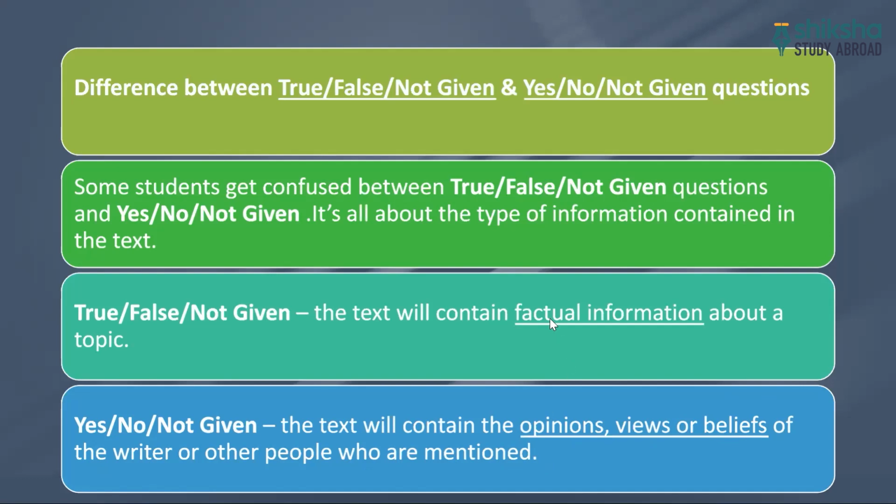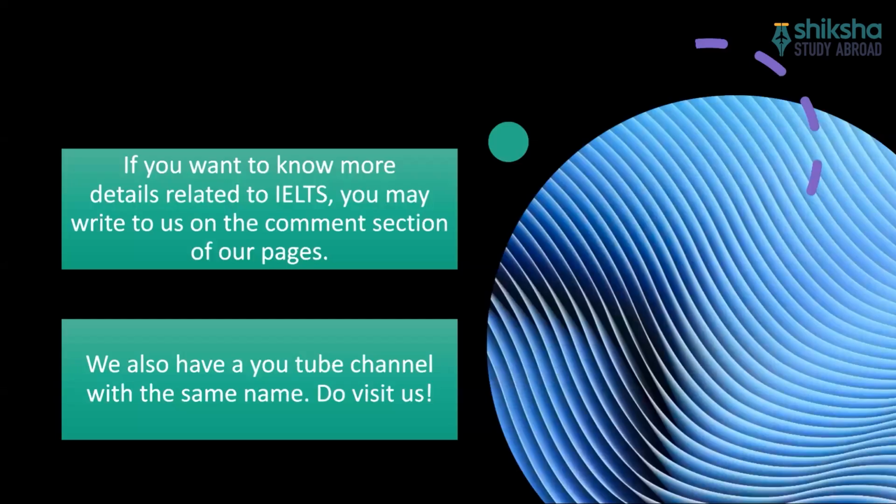Okay, so you can see here the underlying information, that is a major difference between true, false, not given and yes, no, not given. And the similarities we have already talked about in the tips and strategies as well, that how do you mark, when do you mark true, false, or not given, or when is the opinion of the writer yes, no, or not given, right?